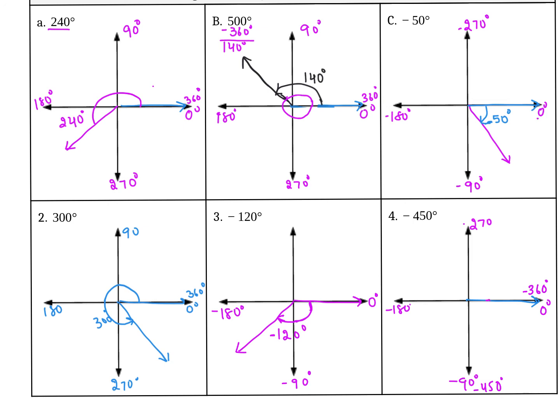Starting from here, you go this way and back to here, which completes 360, and go back to this ray. This angle is negative 450.